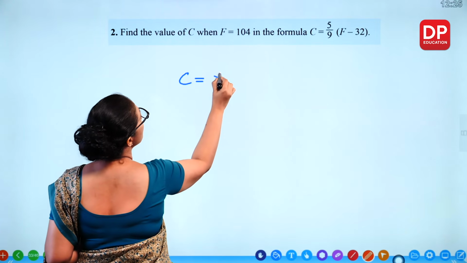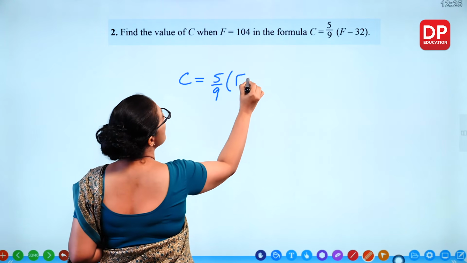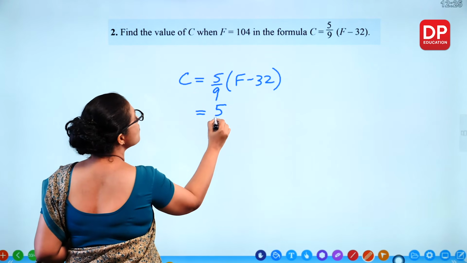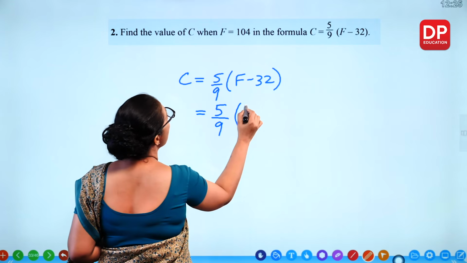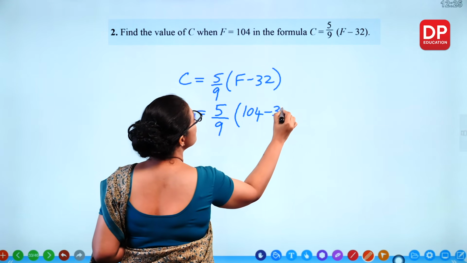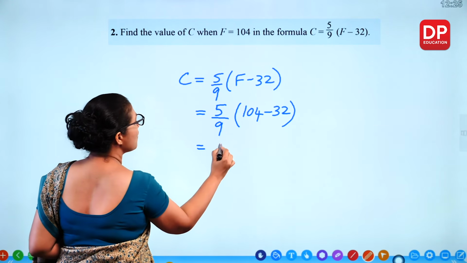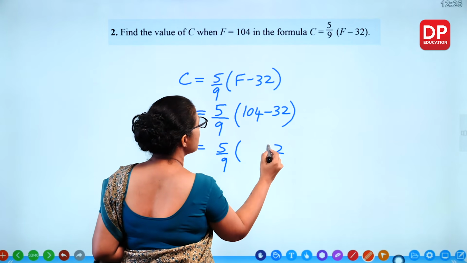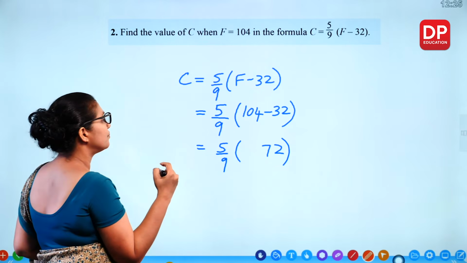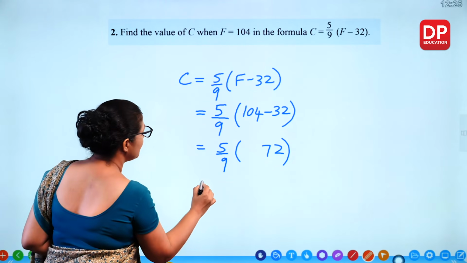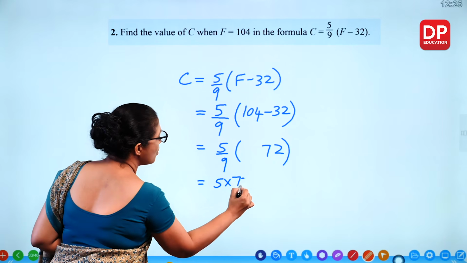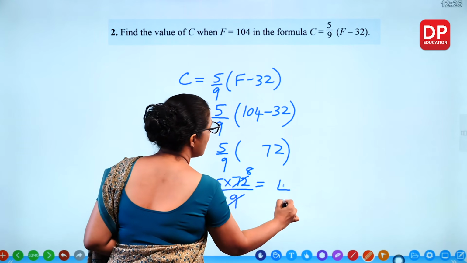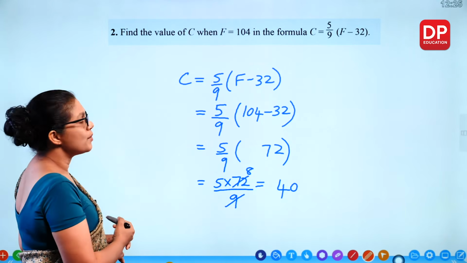C equals 5 over 9, F minus 32. So just substitute because C is already the subject of the formula. 104 minus 32, times 5 over 9. So when you subtract, you get 72. So 5 times 72 divided by 9. 9 times 8. 8 times 5, 40. So the Celsius value is 40.